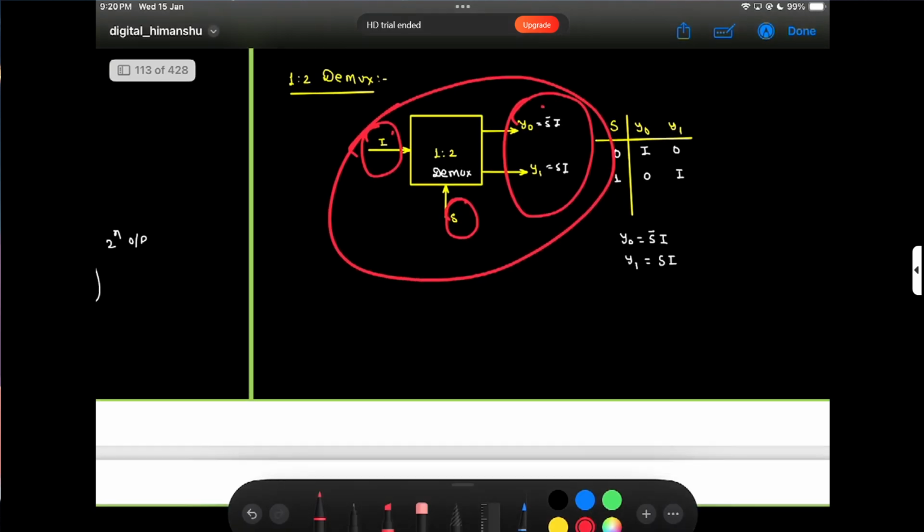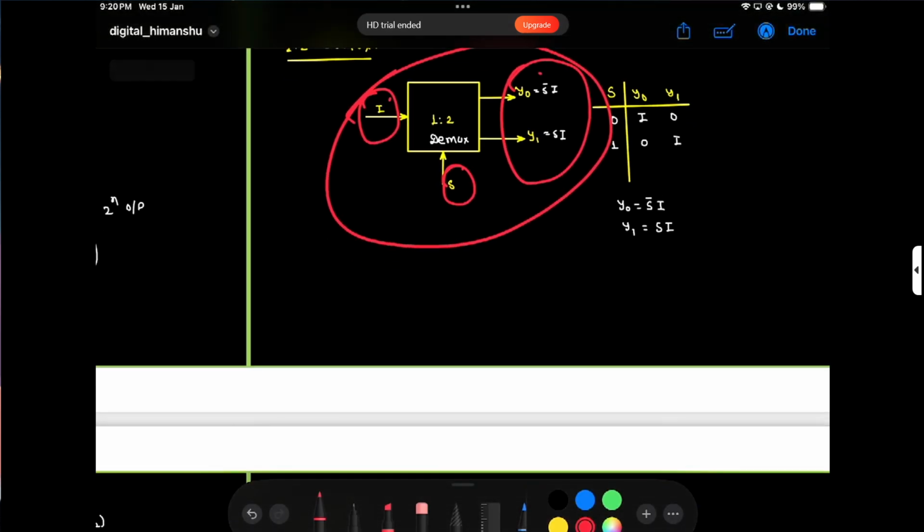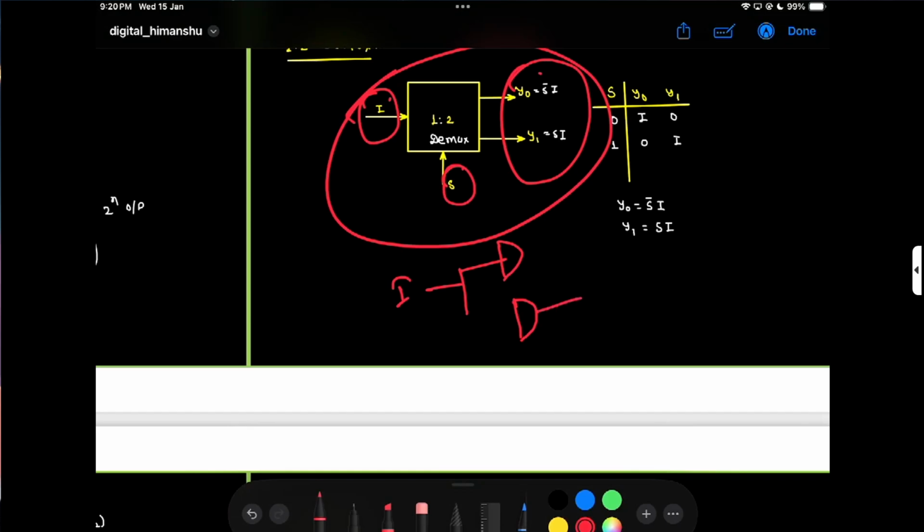And how do we make the demux circuit? So let's see. This is my input I. I goes to both AND gates, here and here. Then to choose, I take the select line S, with a NOT gate on one branch.